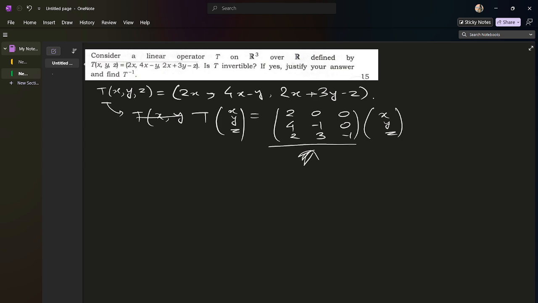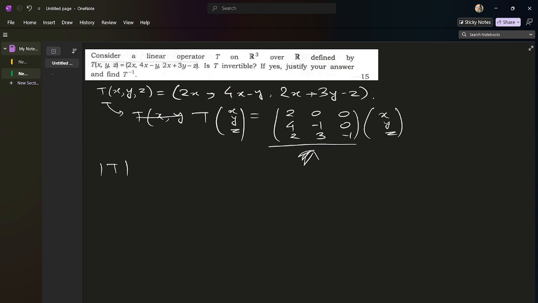Now we have to check if T is invertible or not. So let us take the determinant of T. If it is 0, then it's singular, and a singular matrix is non-invertible. So we have to see whether the determinant of T is non-zero.